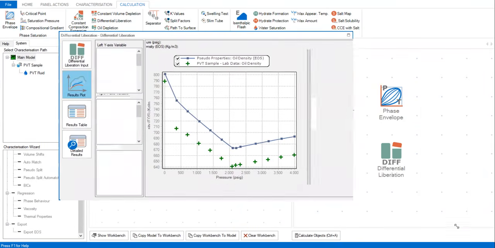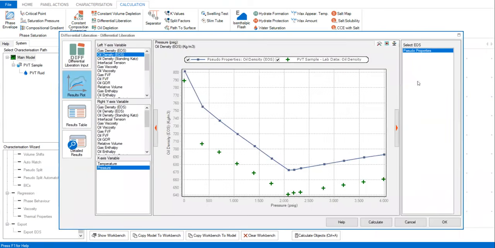Okay, let me expand this. So here under the results tab, results plot, we can see the quality of the match for the oil density. Generally speaking, we can follow the trend, but for the exact value, we do not match at all. That's for density. The blue line is the estimation resulting from the model that we generated, whereas the symbols are for the data.